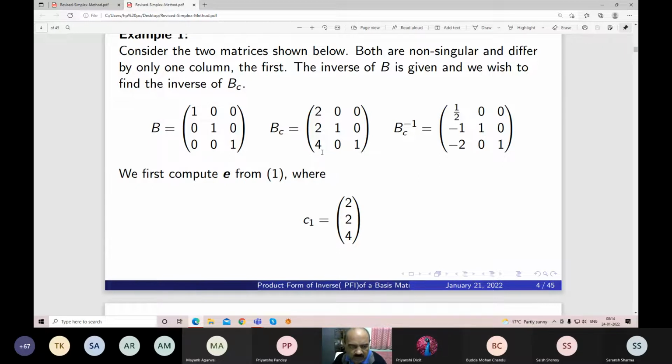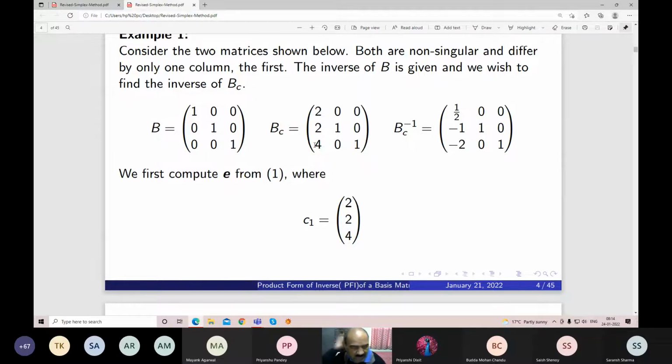They are two different. Second column 0 1 0, and in BC the second column is 0 1 0. Third column 0 0 1, and here also in third column 0 0 1. But we find there is a difference. The difference is the first column.